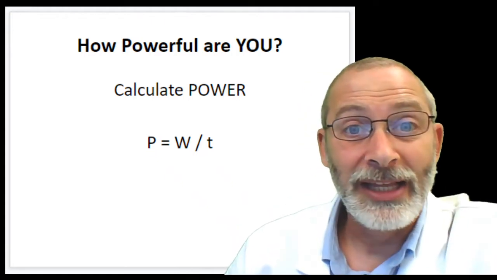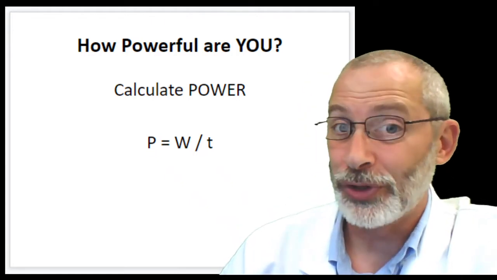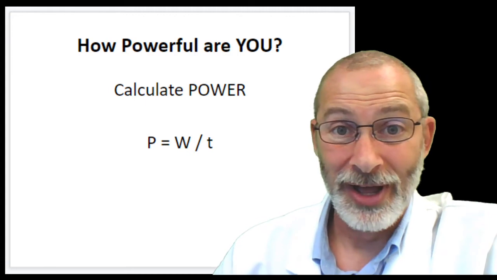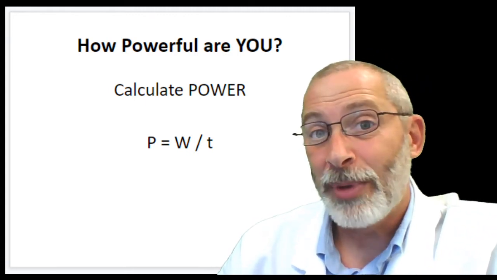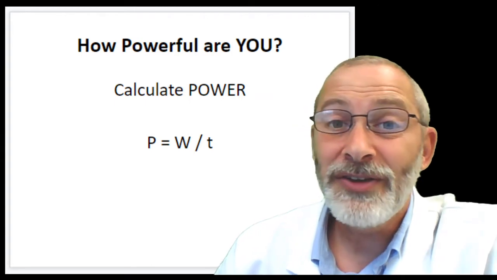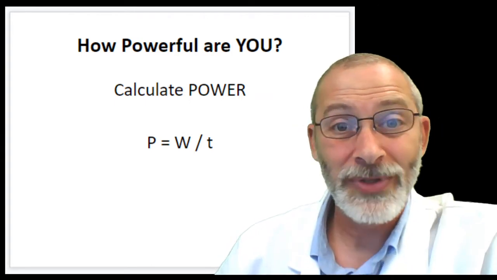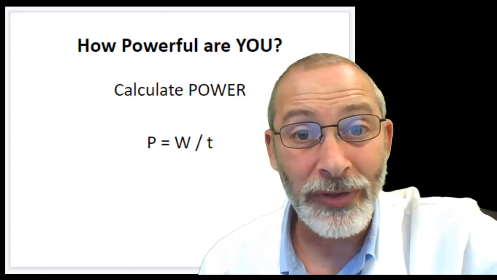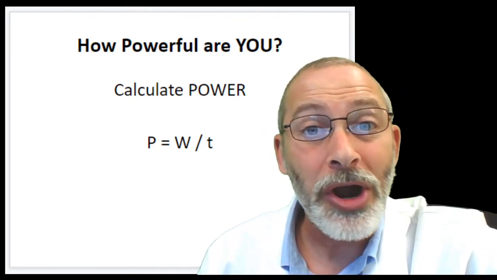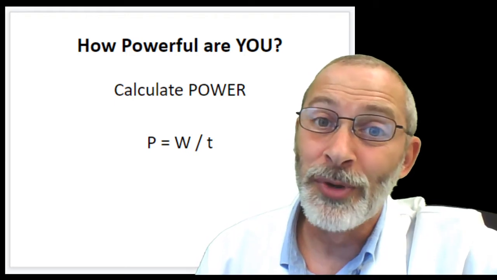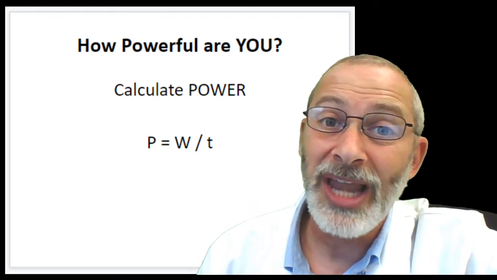How do you calculate how powerful you were, however? Well, to determine your power, you calculate it by taking your work and dividing it by time. So this part should be pretty easy with no calculator necessary, because you're just going to take your work and move the decimal point twice to the left.